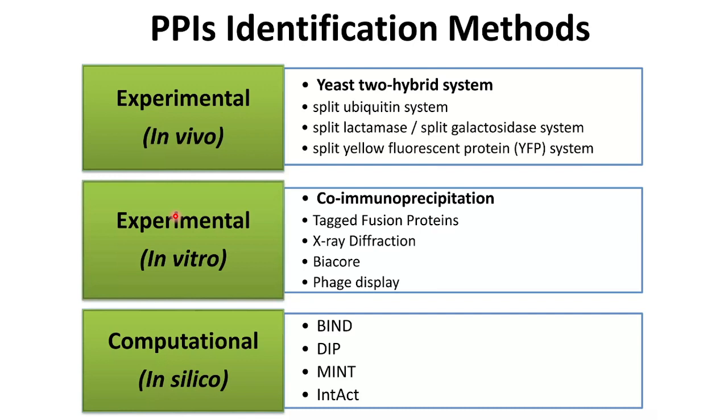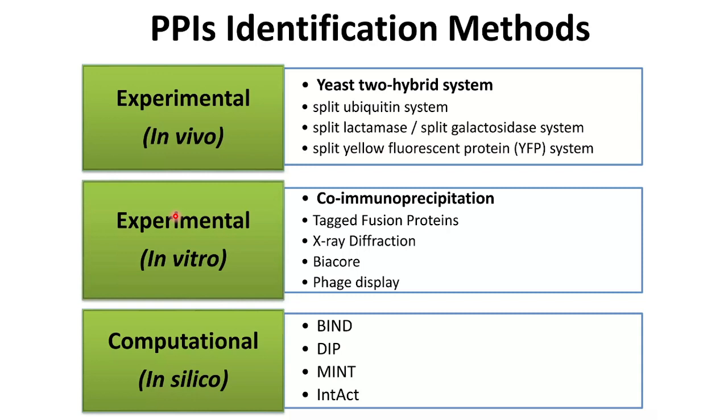So these are a few protein-protein interaction identification methods, which include your yeast two-hybrid system. This is experimental in vivo. So you have the split ubiquitin system, the split lactamase or the split galactosidase system, and the split yellow fluorescent protein system.